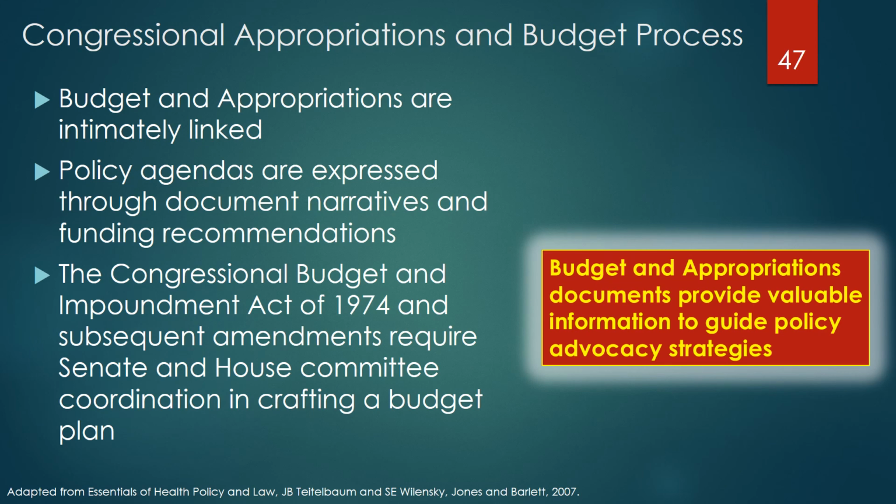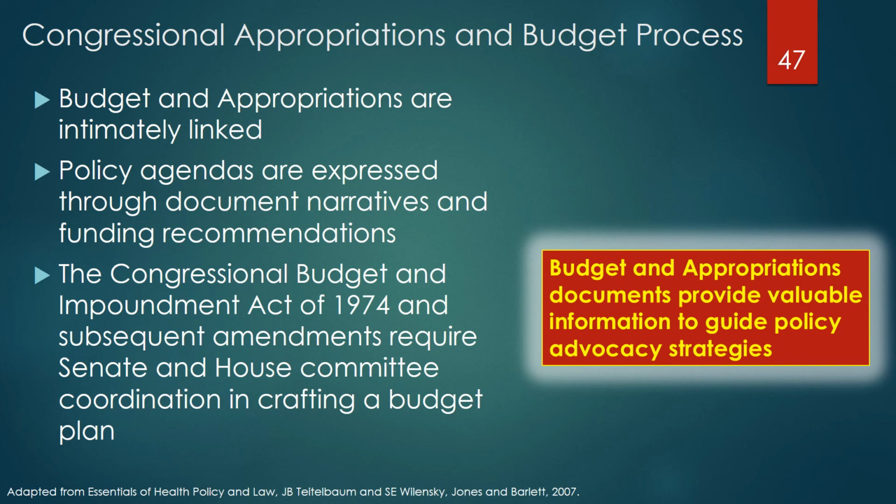The federal budget process is complex and intimately linked with the appropriations process. This process is a key tool for the President and Congress to express their policy agendas through the funding mechanism.